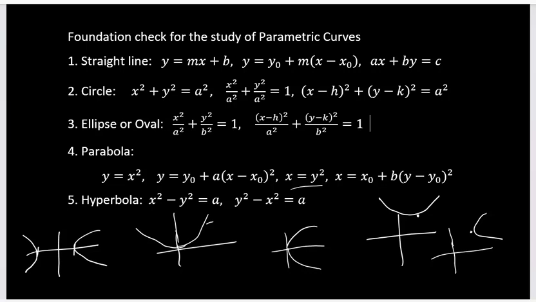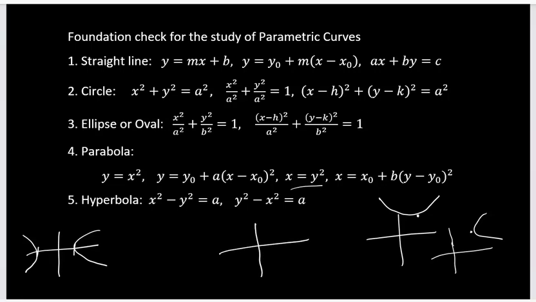But when I'm taking the next one, I have y² − x² = a. In this case, I need to say x is 0, then y will be ± the square root of a. So then it goes here, and then the graph will go like this. Like this. This is the rough idea.